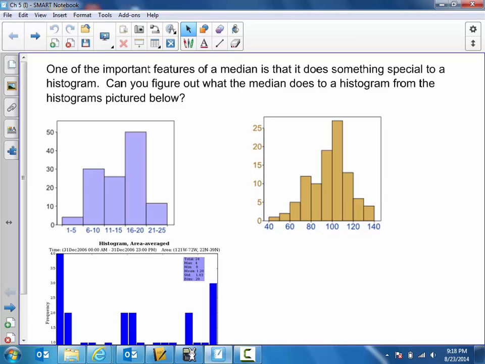We spent a lot of time talking about shape of a histogram, skewedness, outliers, gaps, symmetry, uniformity, modality, those sorts of things.